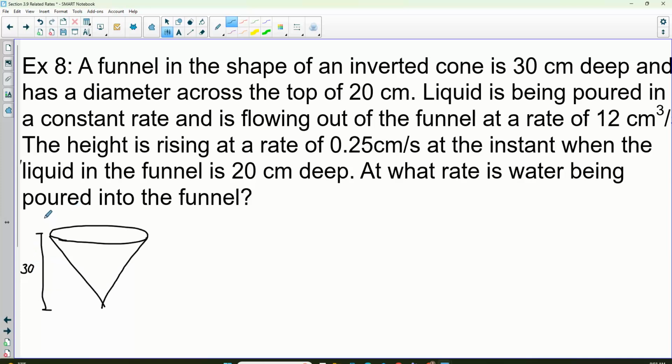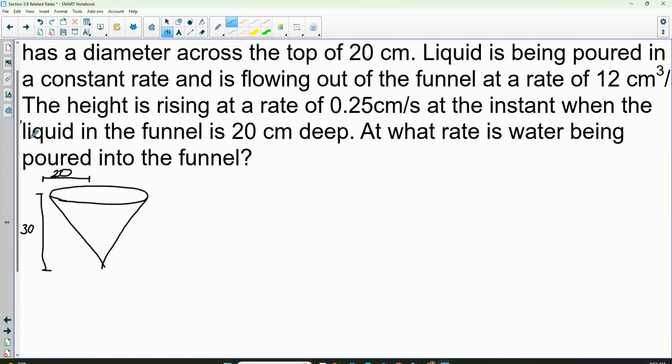Diameter across the top is 20 centimeters. Liquid is being poured in at a constant rate and is flowing out of the funnel at a rate of 12 cubic centimeters per second. Okay, so this one, water is both coming in and out, just like a funnel.